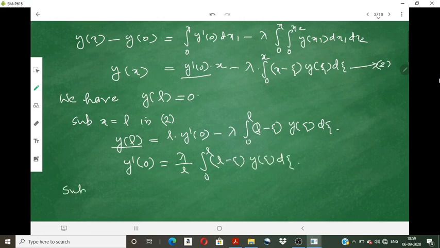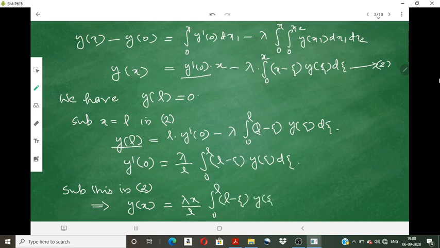Now substitute this in equation number 2. It implies y of x is equal to lambda x by L integral 0 to L of L minus theta y theta d theta minus lambda integral 0 to x of x minus theta y theta d theta.